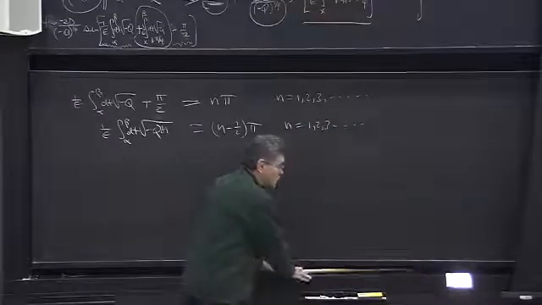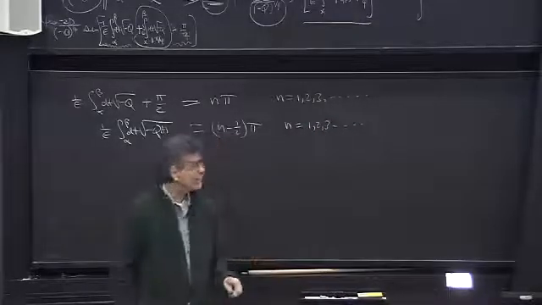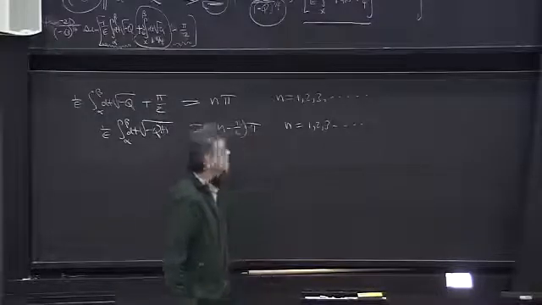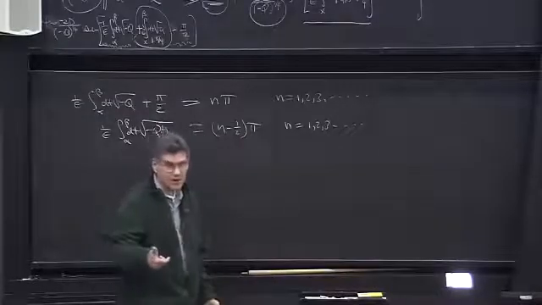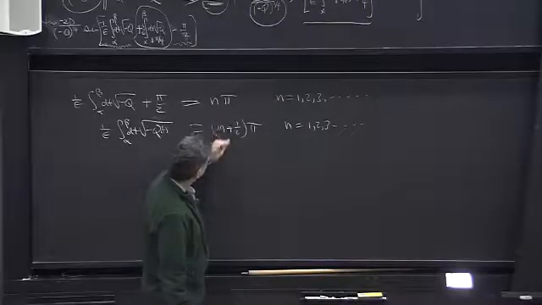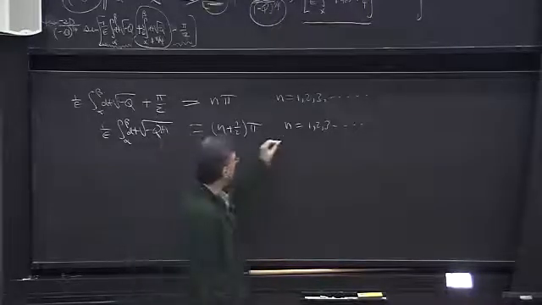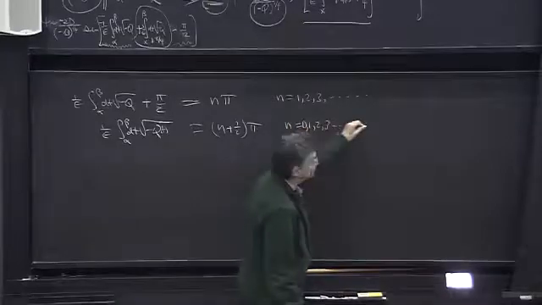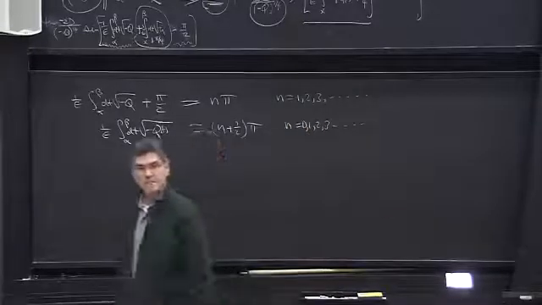Or the way you usually see it in books is not n equals 1, 2, 3, but they do a shift of n, and they say, let's make this into n plus a half pi, but now let n go from 0, 1, 2, 3, like that.